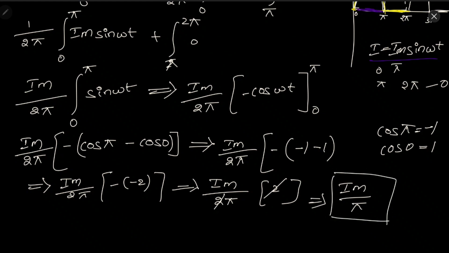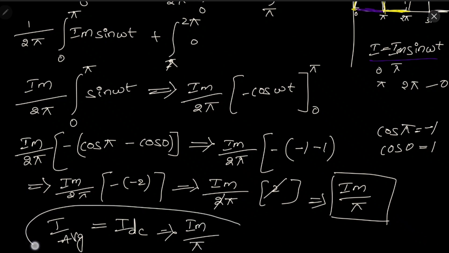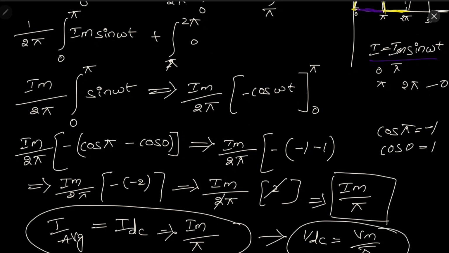This is the average value, IAVG, also called the DC value. What is the value of average current? That is Im by pi. If you want to find it for the voltage, it is VDC equal to Vm by pi. So this is the average value for both current and voltage.